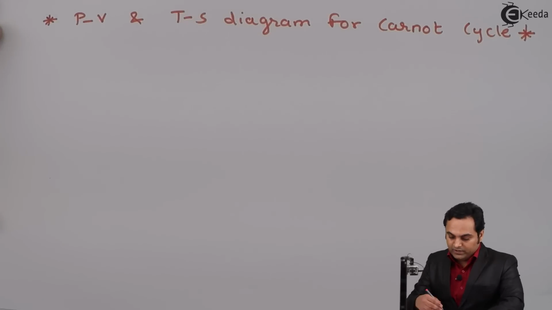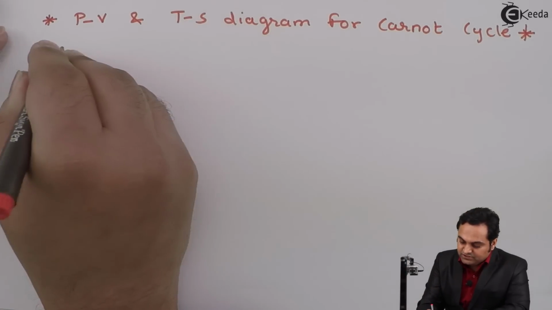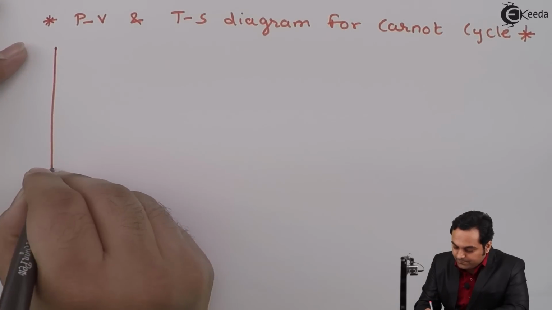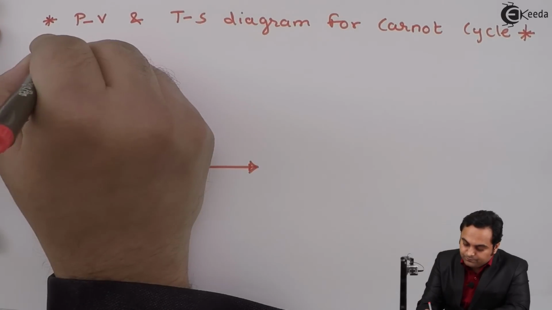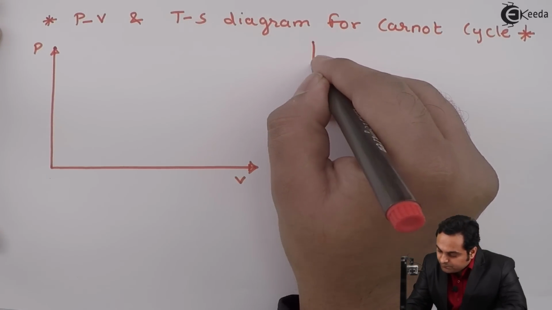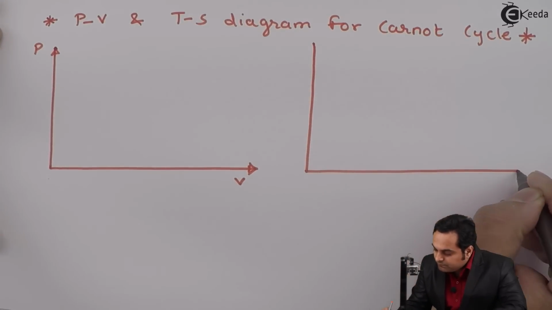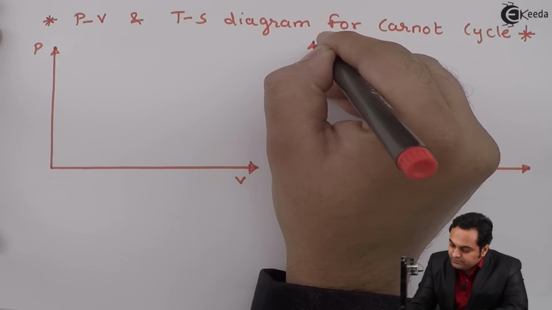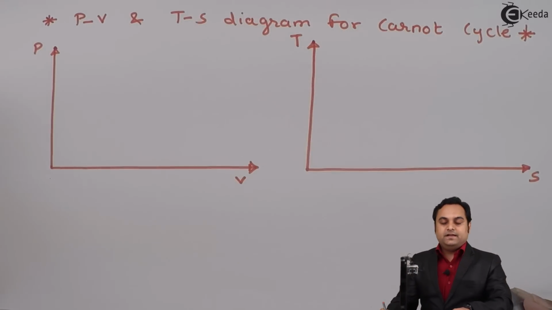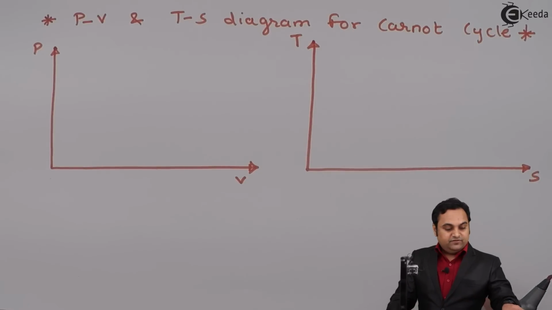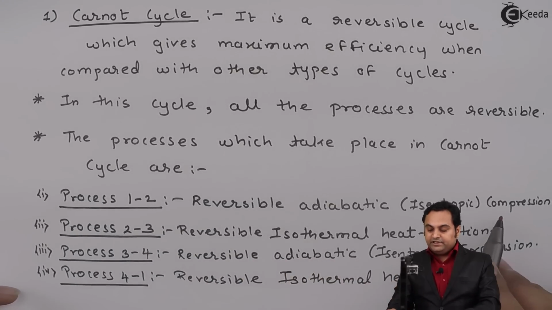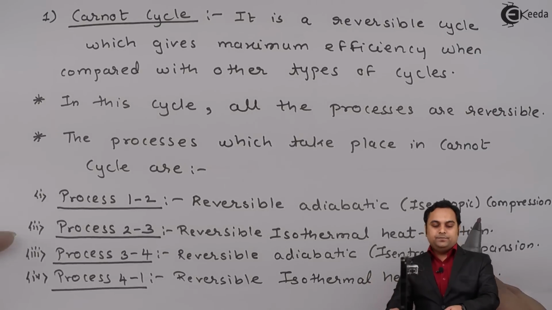So now while I am drawing the diagram, this diagram is nothing but a graph of pressure versus volume and temperature versus entropy, that is PV and TS diagram. Now I'll look at the first process. The first process is reversible adiabatic compression, that is isentropic compression.